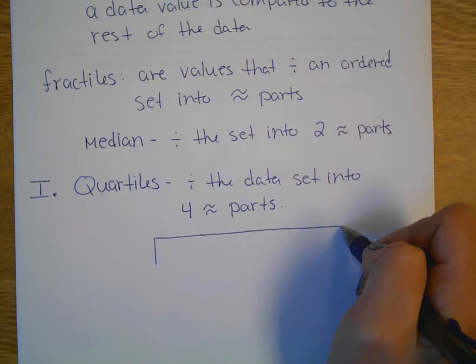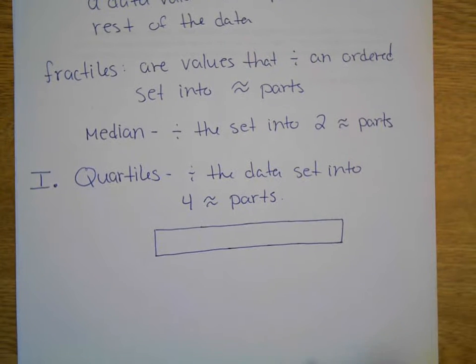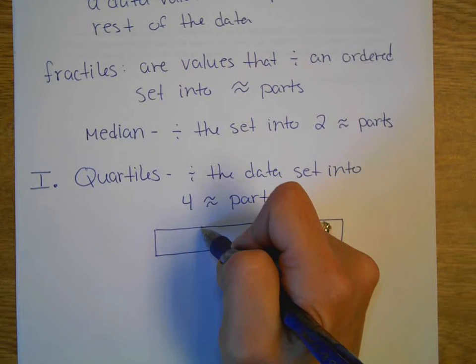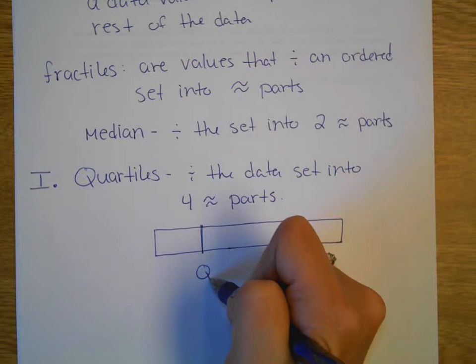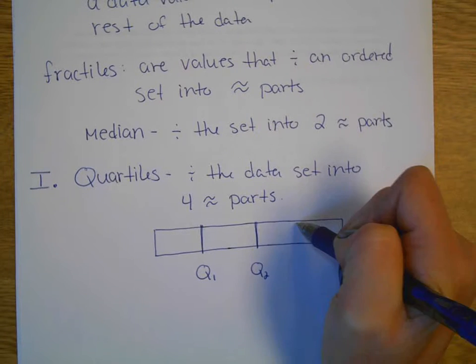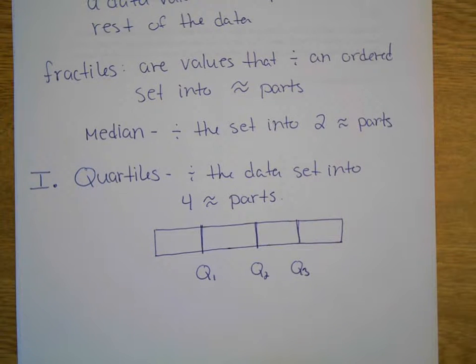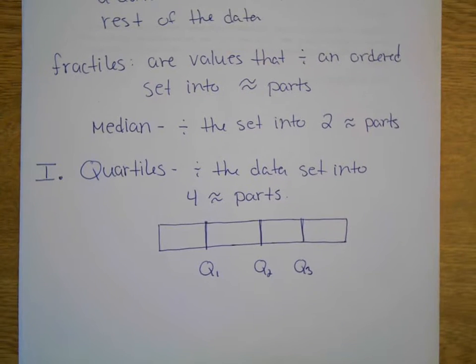So if I had a board, we'll just relate it back to woodshop here. If I want to cut this board into four equal pieces, I have to make three cuts. So quartile 1, quartile 2, and quartile 3. And those are all supposed to be evenly spaced.